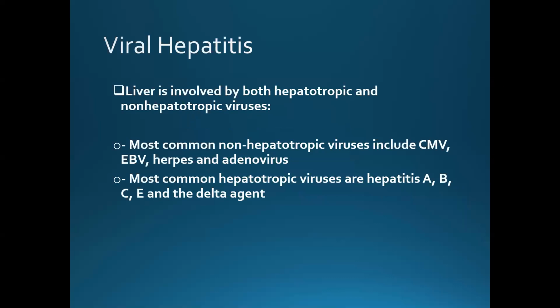The most common non-hepatotropic viruses that affect the liver include CMV, Epstein-Barr virus, the herpes viruses, and the adenovirus. The hepatotropic viruses are, as you know, A, B, C, E, and Delta. The list is long. I believe it is down now to G.